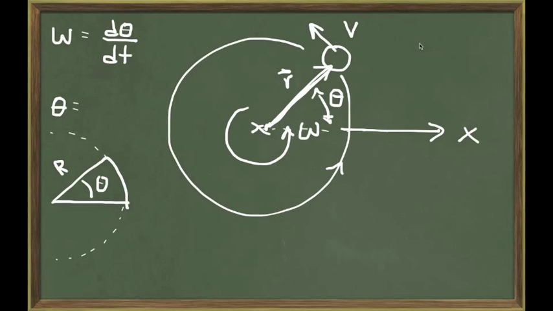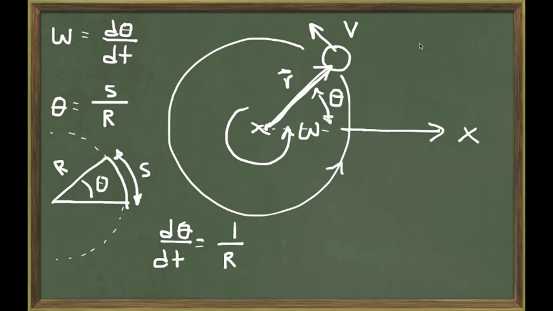So let's say that the circle has a radius r. So the angle theta in radians is defined as the length of that arc s divided by r. So if you take the derivative of theta with respect to time, d theta dt, for circular motion the radius is not changing, so you get ds dt.